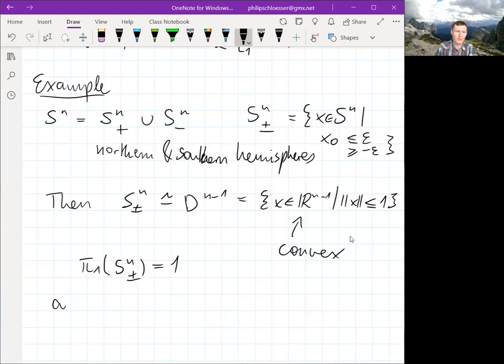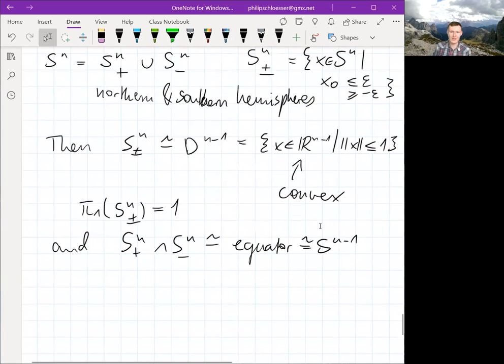And the intersection of those two things is, well, some strip around the equator. So that's at least homotopy equivalent to the equator, meaning to a sphere of dimension 1 less.